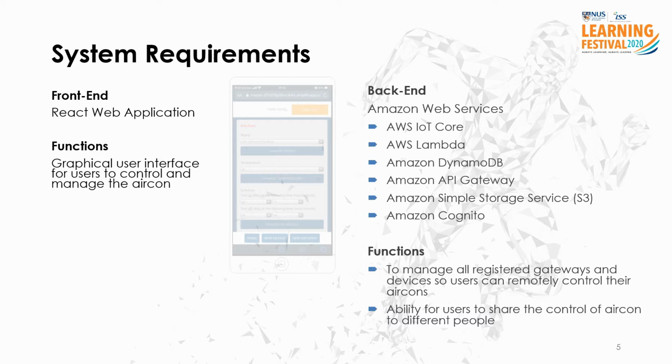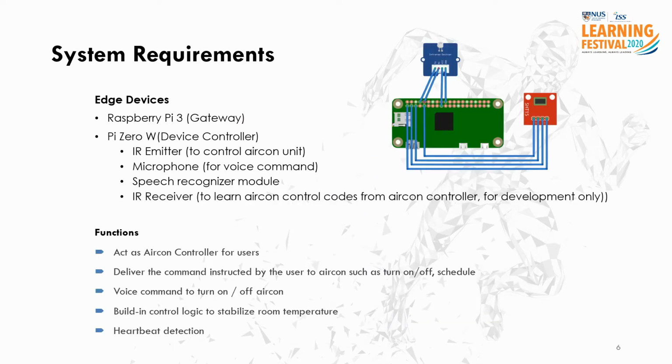The backend is responsible for managing all registered gateways and devices, as well as the access control. For edge devices, we're using Raspberry Pi 3 as a gateway and Pi 0 as a device controller. This Pi 0 has an IR emitter to control the aircon, a microphone and speech recognizer module for voice command, and an IR receiver to learn the control codes from the aircon units.